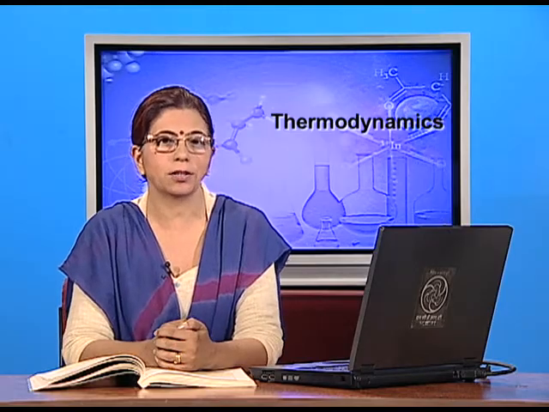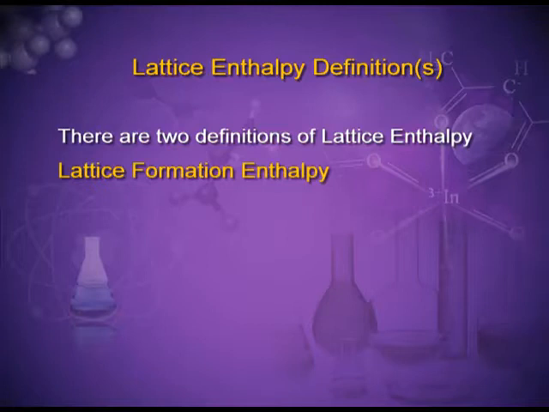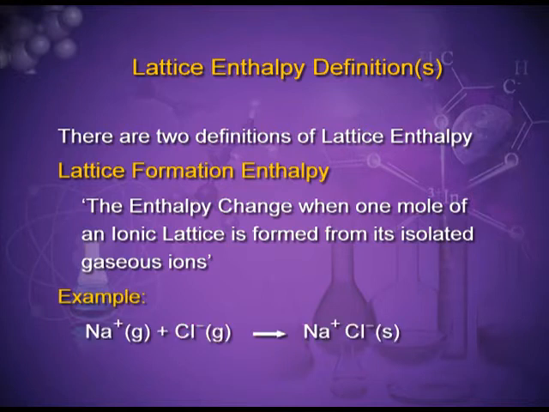Lattice enthalpy. There are two definitions of lattice enthalpy. The lattice formation enthalpy: the enthalpy change when 1 mole of an ionic lattice is formed from its isolated gaseous ions. Example, sodium ion in the gaseous state plus the chloride ion in gaseous state gives sodium chloride crystal in the solid state.